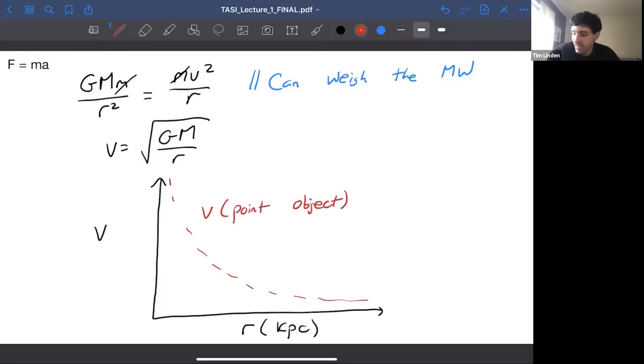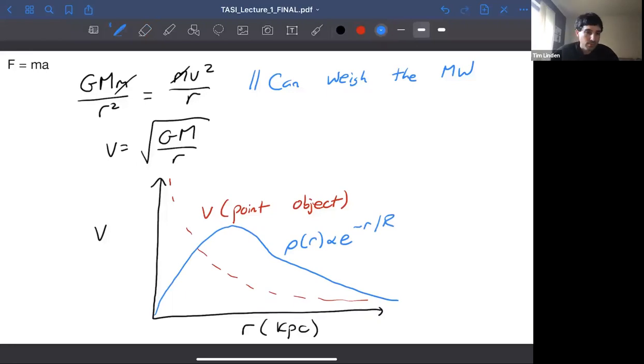But actually, the mass of the galaxy follows those density relationships we just looked at. So you actually see something that looks a little bit more like this, where it's rising, and then it flattens out over time. So this is from some density distribution where rho of r is proportional to e to the minus r over R, and then has some z dependence that doesn't really matter for the purposes of this talk.